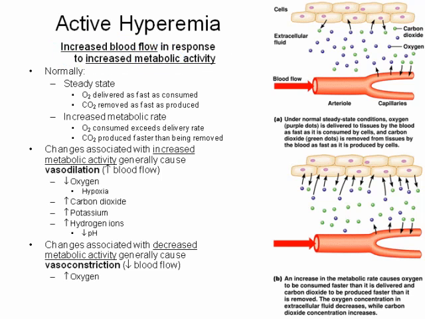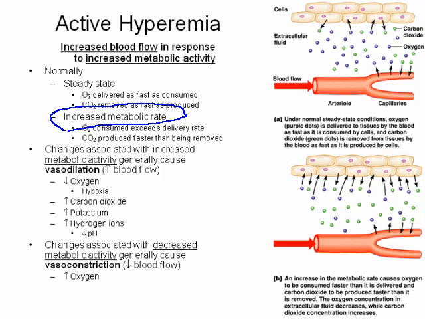That's where the energy comes in. The metabolites from the increased metabolic activity in the surrounding tissue are going to cause increased blood flow. Normally it's a steady state. That is, the amount of oxygen delivered to the tissue is coming as fast as it's being consumed, and the amount of CO2 being taken up by the blood from the tissue is being removed as fast as it's produced. That's why we call it a steady state.